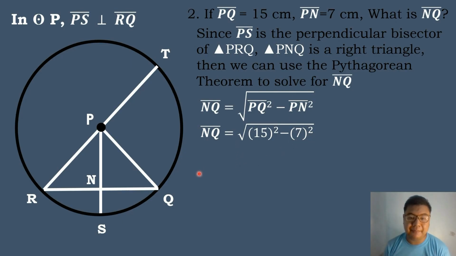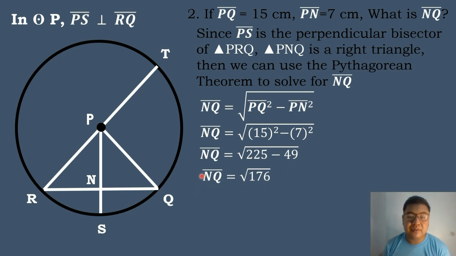Then we will simplify. Segment NQ equals square root of 15 times 15, which is equal to 225, and then 7 times 7 is equal to 49. So we have 225 minus 49.